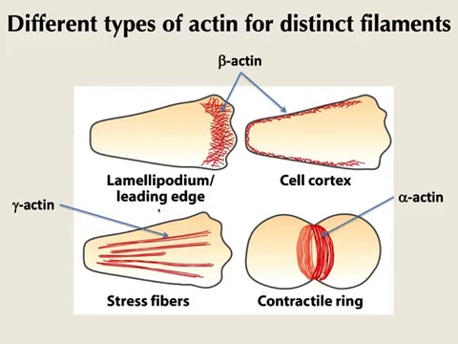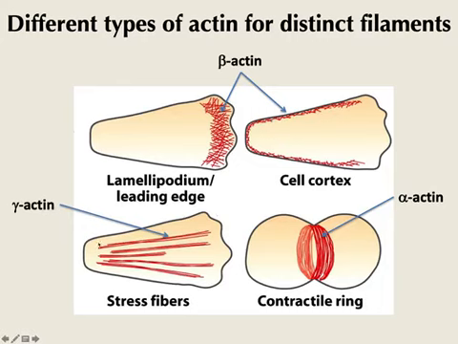Briefly, there are a couple of different genes encoding actin molecules, classically referred to as beta, alpha, and gamma actin, with some specialization. For instance, the main actin we're going to talk about is beta actin. It's found at the lamellipodium of migratory cells, as well as the cortex, usually involved in these dynamic meshworks we're going to talk about over and over again.